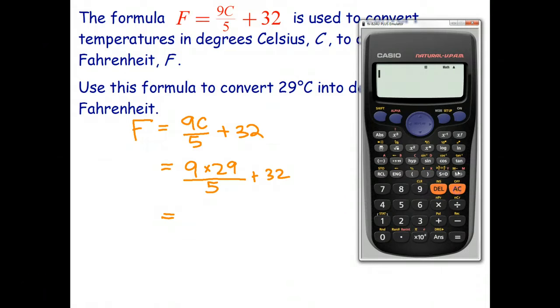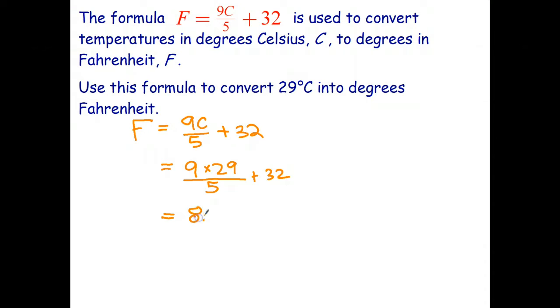So clear what's there. Use the fraction button. 9 multiplied by 29 over 5 plus 32. Just double check that what I've typed is the same as what I've written, which it is. And that gives us the answer as an improper fraction and 84.2.